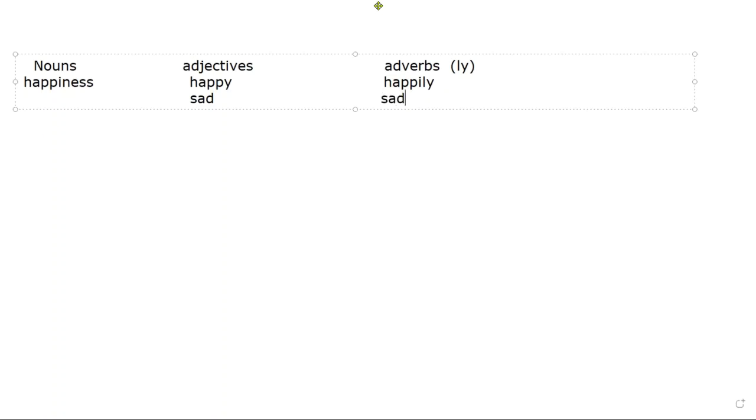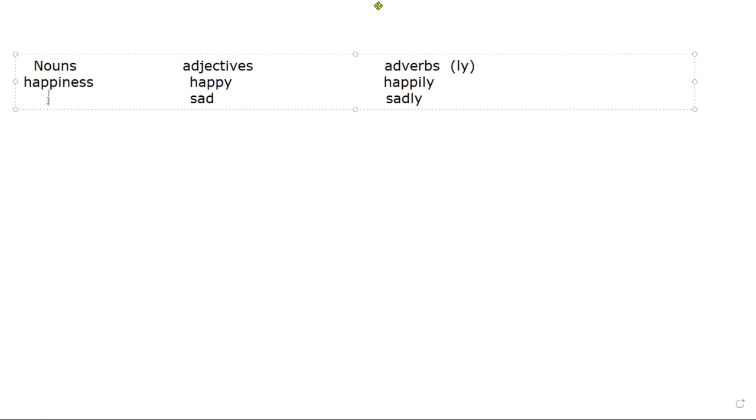Exactly. Because just remember what I said, from the adjective, you obtain the adverb. How? By simply adding ly at the end of the adjective. Every single adjective will turn into an adverb. All of them.